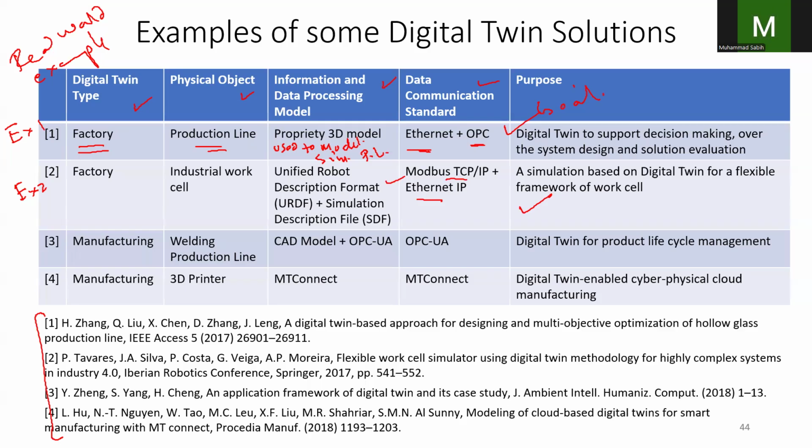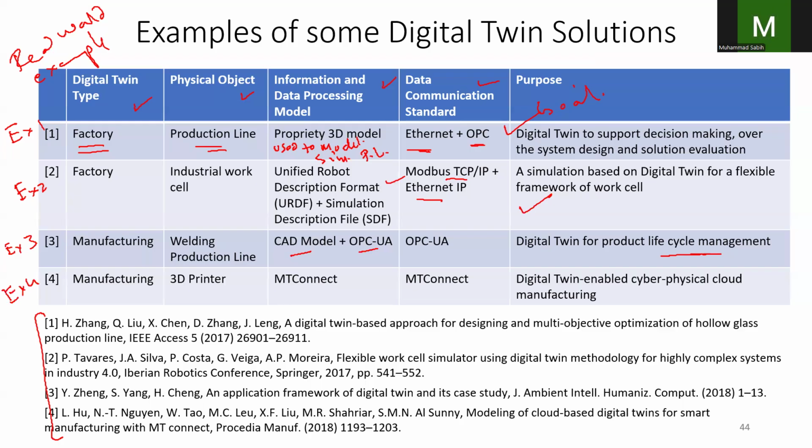The third example talks about a welding production line, where a CAD model with OPC gives a full digital twin for life cycle management. That helps us with monitoring, maintenance, and upgrade decisions, all in real time.